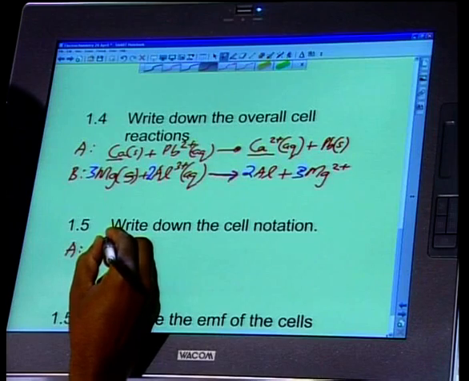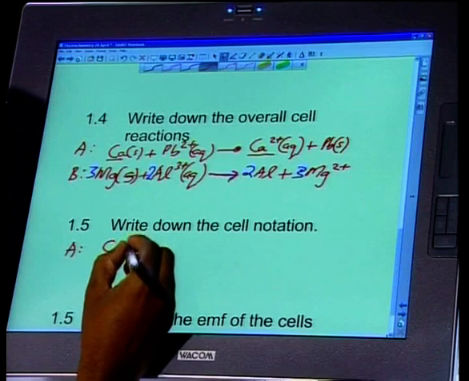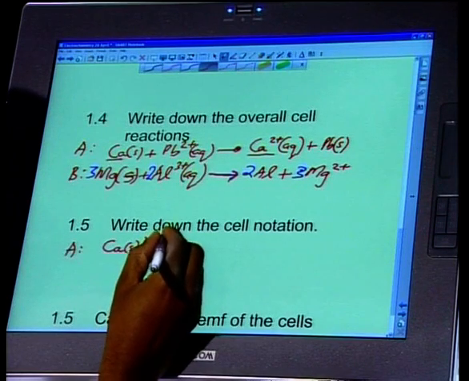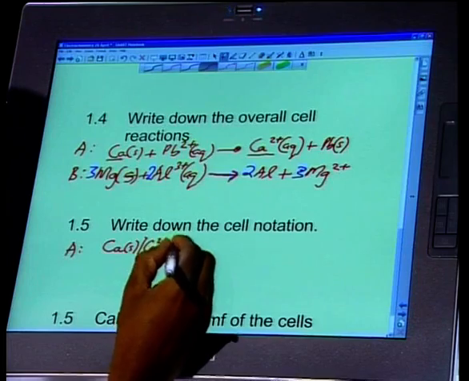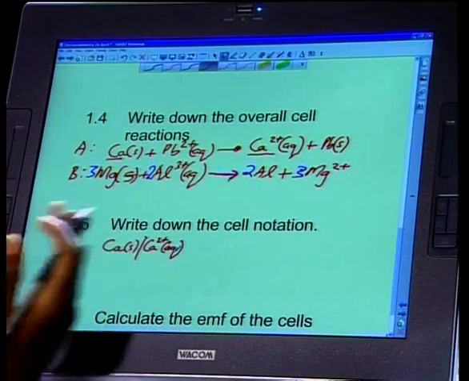So Ca starts as Ca solid, then a slash, it ends up as Ca2+ in solution. So this is the first part. This is the oxidation part. You start with the oxidation part and end up with the reduction part.